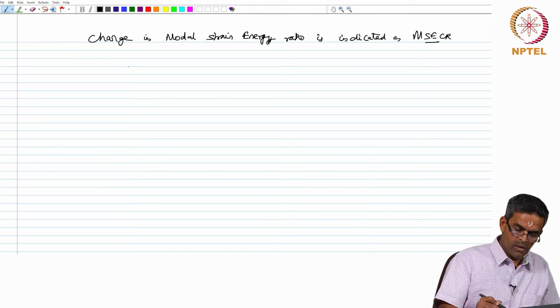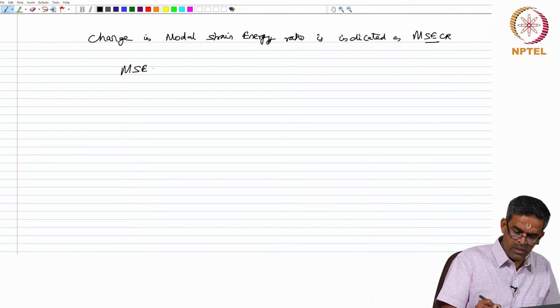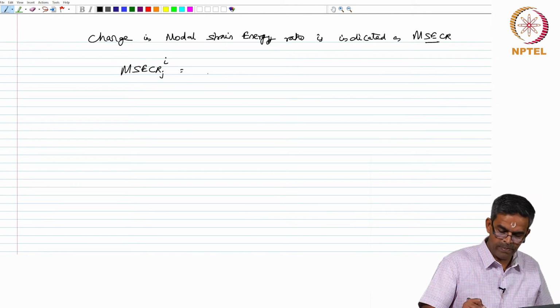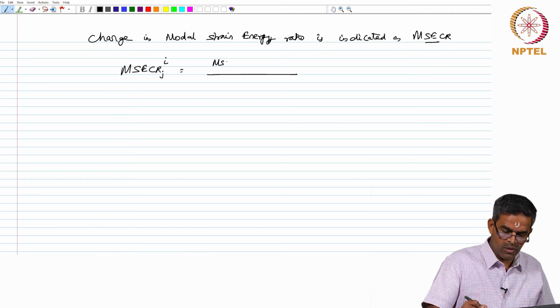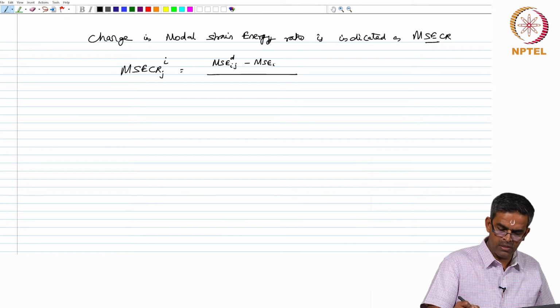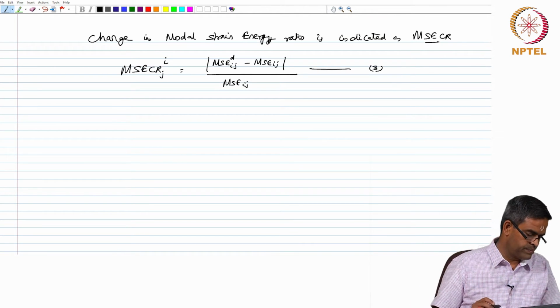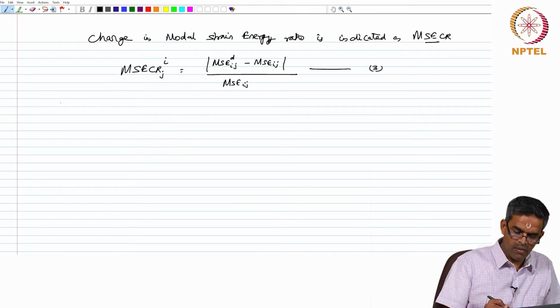Okay. So, the modal strain energy change ratio from j to I is given by modal strain energy Ij in the damage state minus modal strain energy Ij in the undamaged state, divided by modal strain energy Ij. Let us say equation 3.